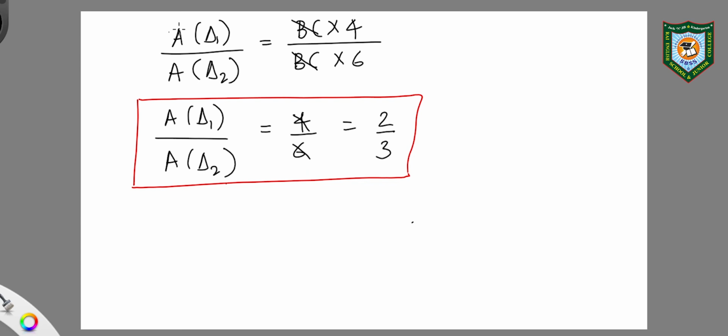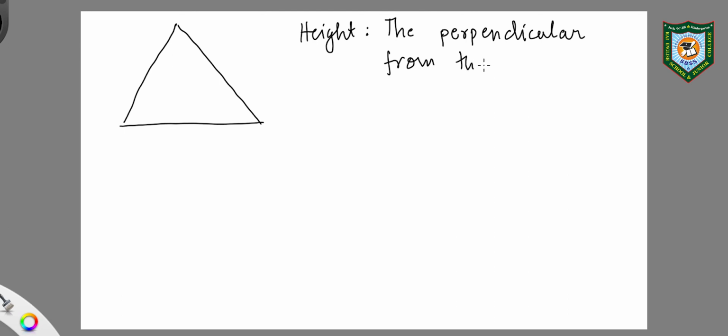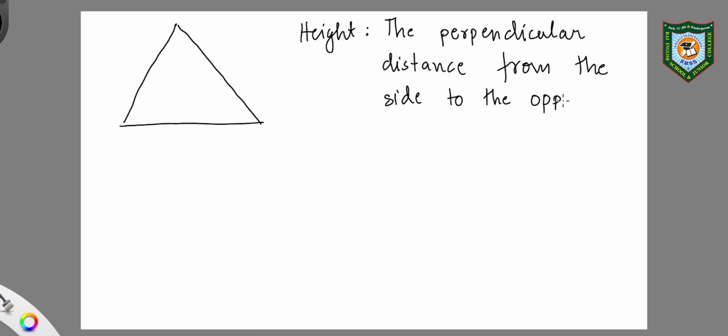So in any triangle, the definition of height is the perpendicular distance from the side to the opposite vertex.